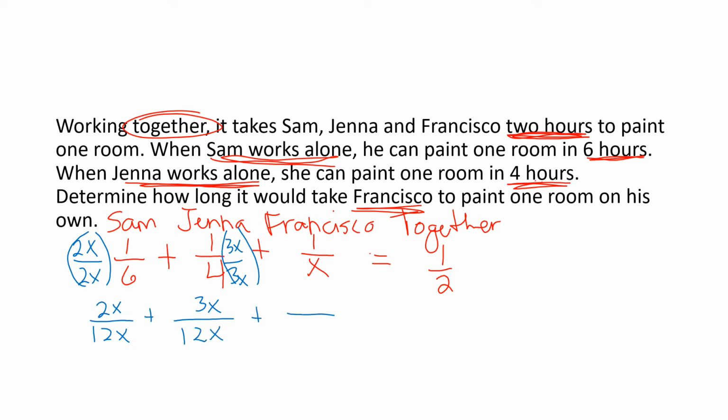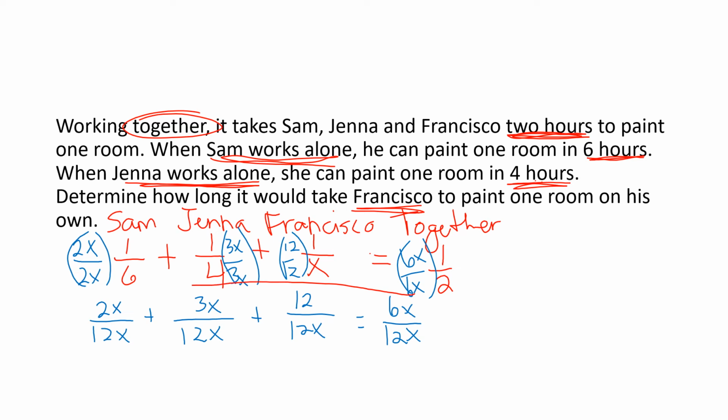The third one, I just have an x, so I'm going to multiply by 12. So that'll be 12 over 12x. And the last one, I've got a 2, so here I'm going to multiply by 6x. So that'll be 6x over 12x. We've got that common denominator all the way across.